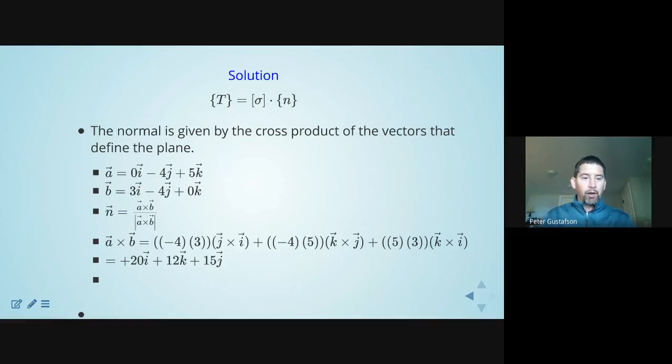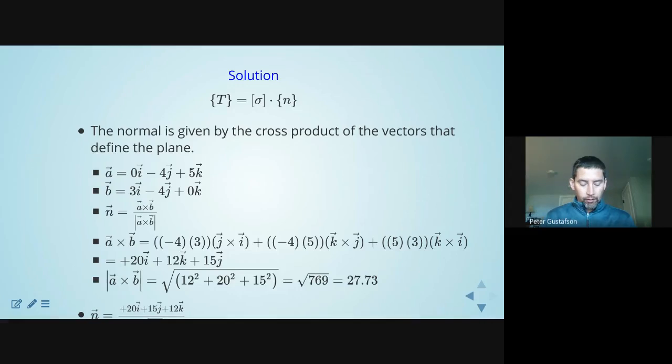And in the end, what we get here is a vector A cross B is equal to 20I plus 12K plus 15J. Of course, the magnitude of that is just the sum of the squares, square rooted, which works out to be the square root of 769, or about 27.73.